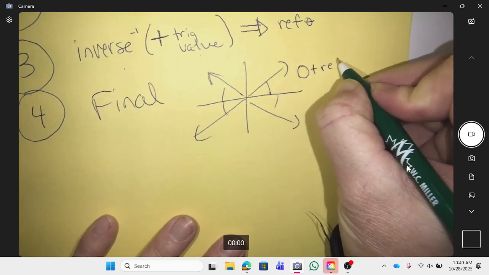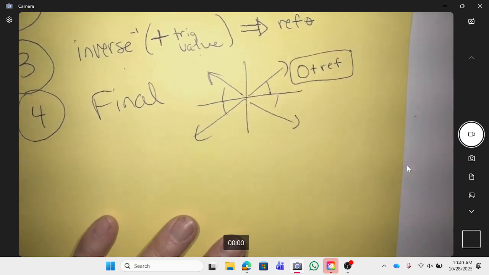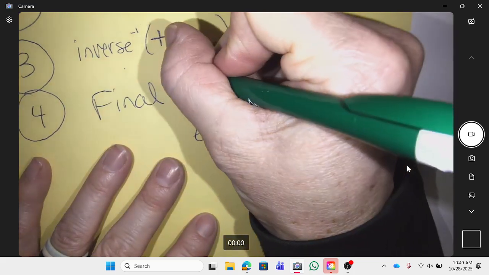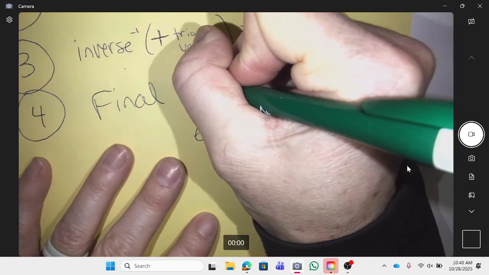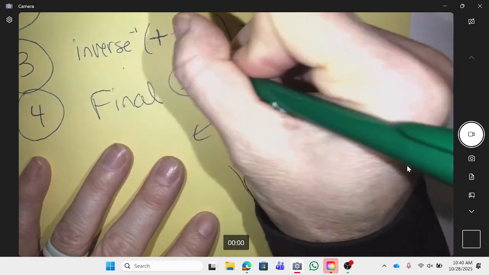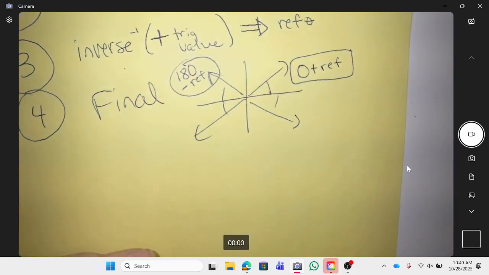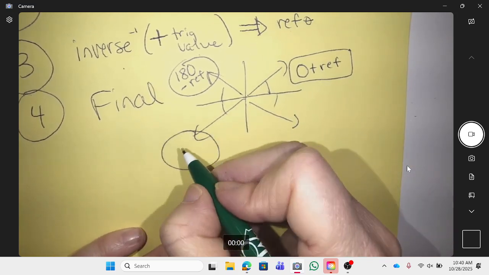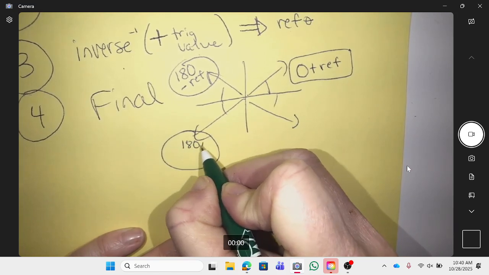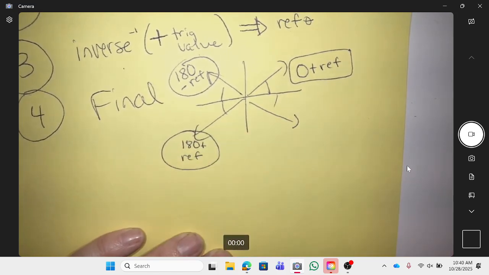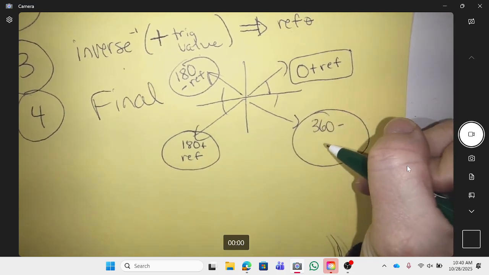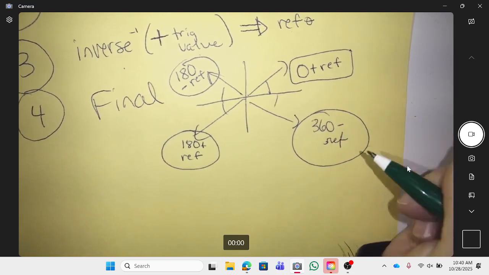0 plus reference. Does that make sense in my math? I'd have to just do 0 plus the reference. 180 subtract reference would be the answer in that one. How do you get this answer? 180 plus reference. 360 subtract the reference.